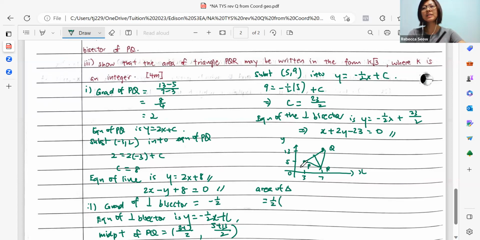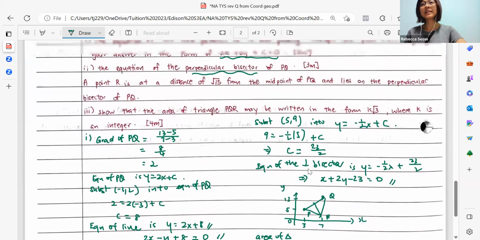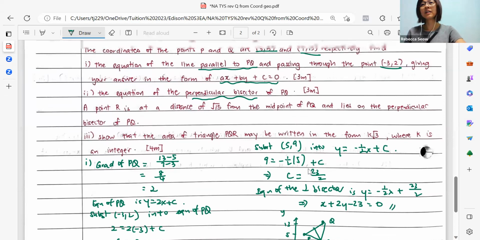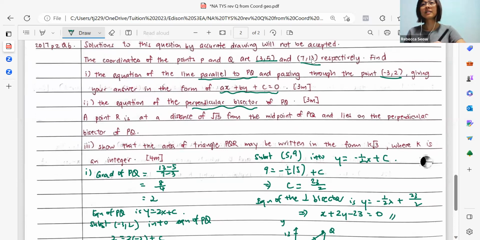The base is actually PQ, and the height is the perpendicular height, which is root 15, R from the midpoint. So let's find PQ first. PQ we can find based on the coordinates of this.